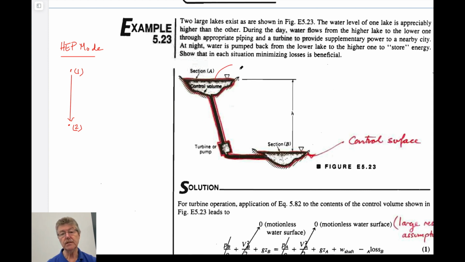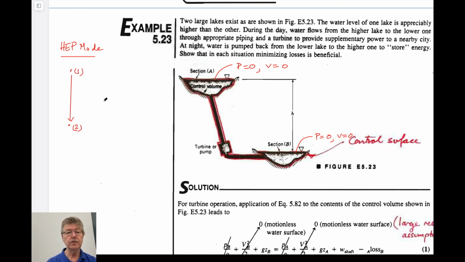So big reservoir assumption. Let me write just P is equal to 0. Big reservoir, I guess it's atmospheric, so the big reservoir assumption is that velocity is equal to 0. Either way, right? Because it's a big volume.